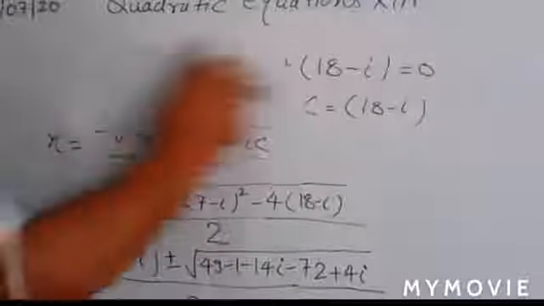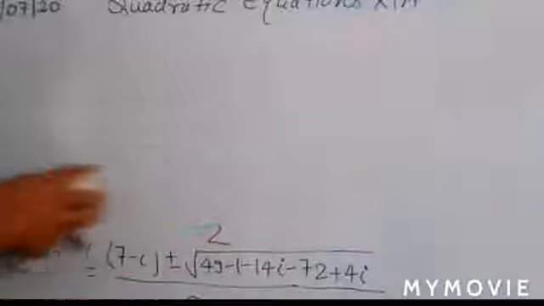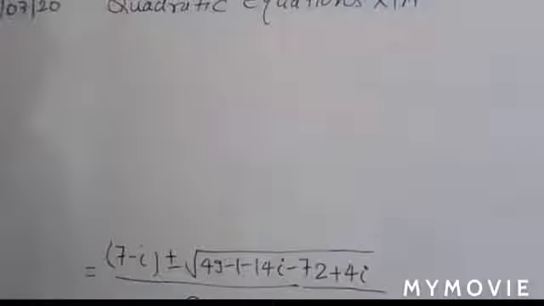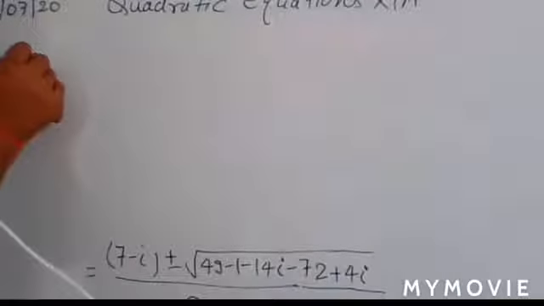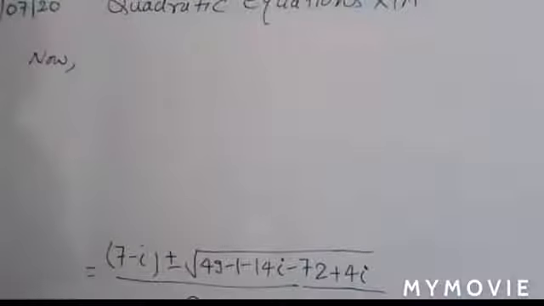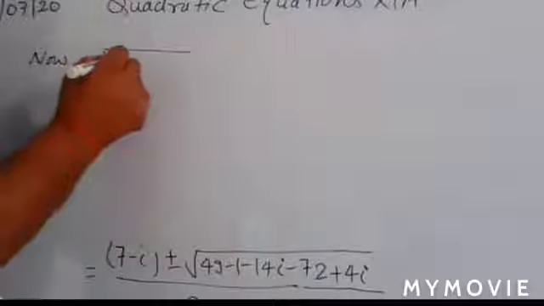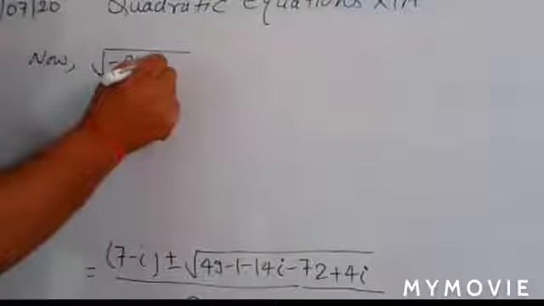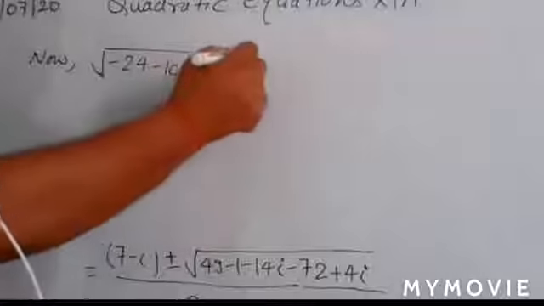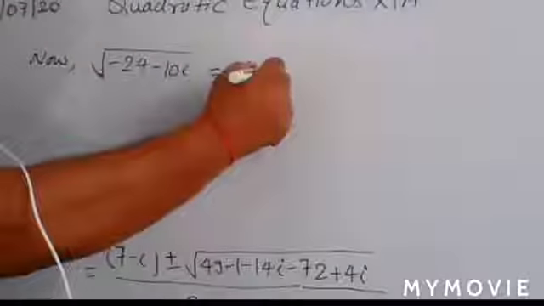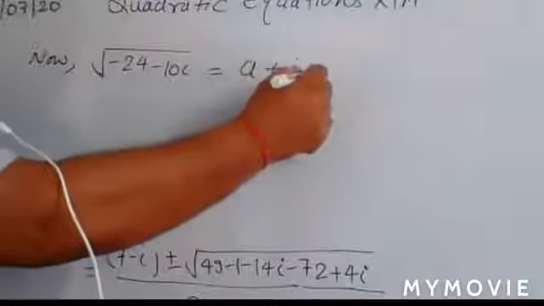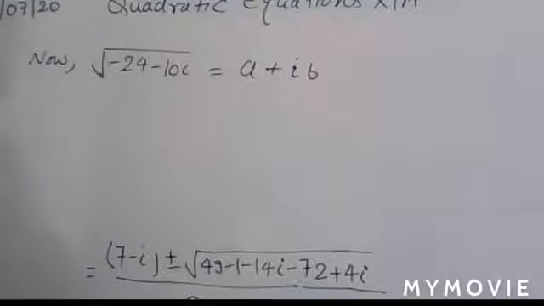So I rub that part here. And yes, come to the value of the square root. Now, root of minus 24 minus 10i can be written as a plus ib. You write in this way.